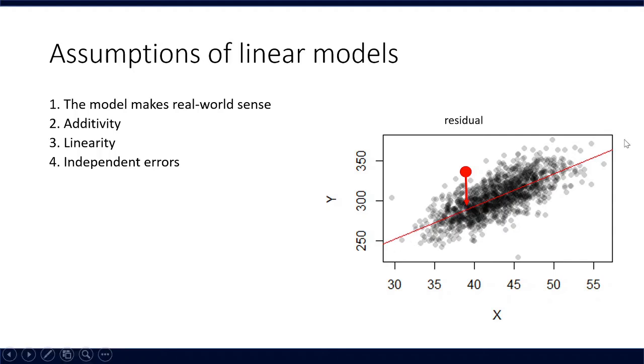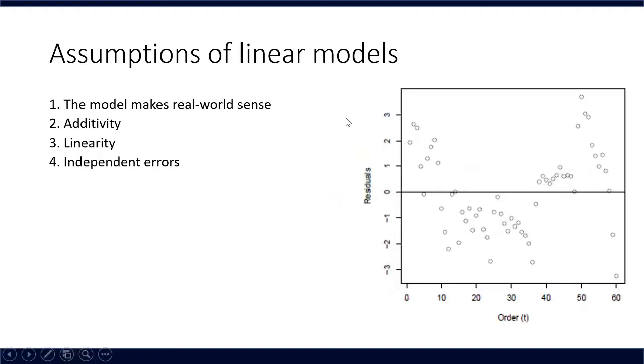So the deterministic part is generating that mu sub i, that mean value, and the stochastic part of the model is determining where your data actually fall out. That is what has to do with the residuals. So this distance between your point and the line is the residual. You want that to have certain characteristics in the case of a linear model.